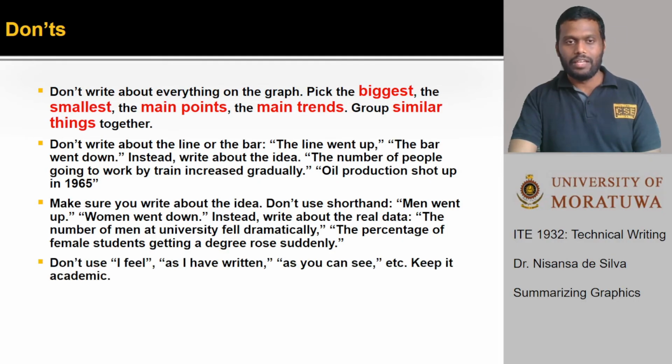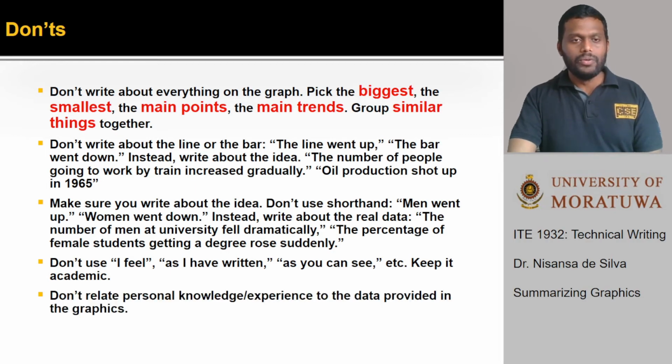Do not say, I feel, or as I have written, as you can see. You have to keep it academic. You have to make sure that it doesn't look like an opinion. Do not relate personal knowledge and experience to the data.